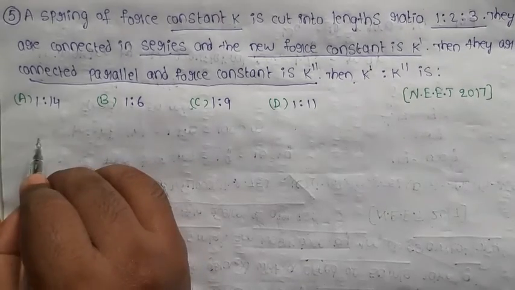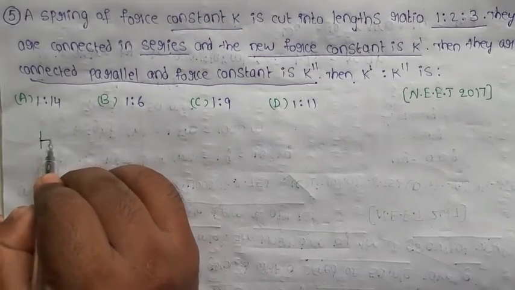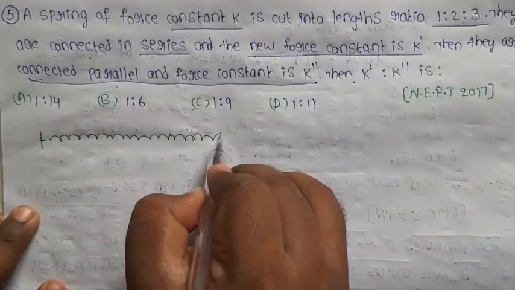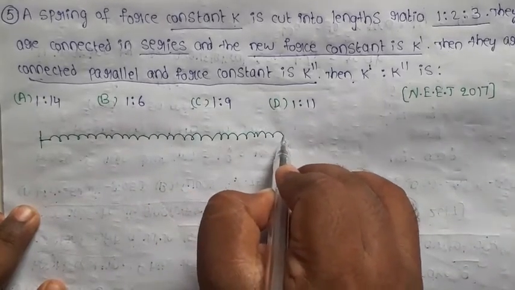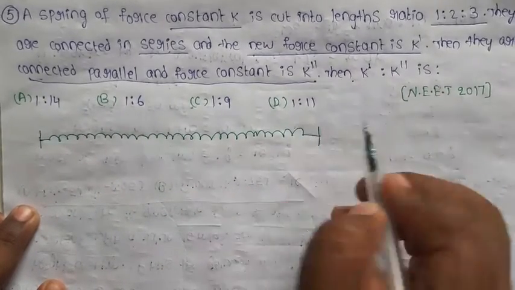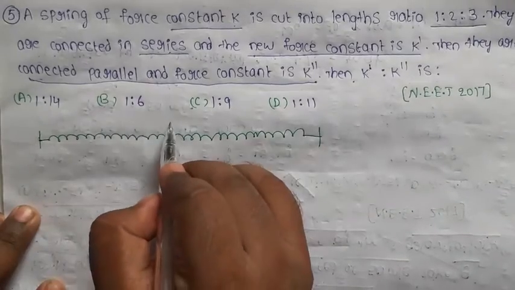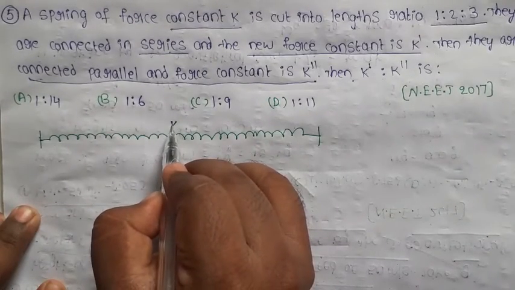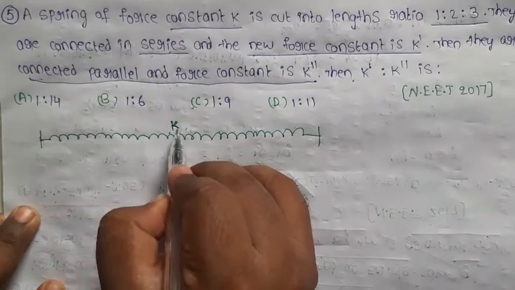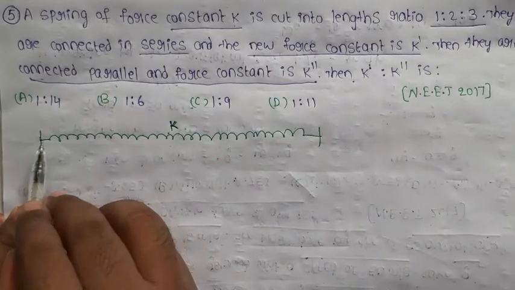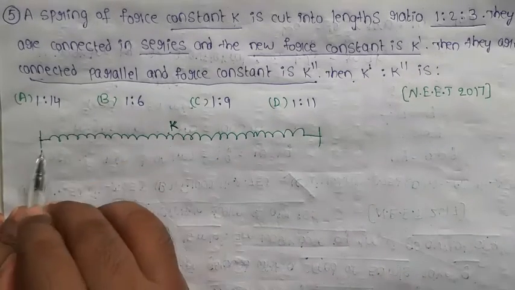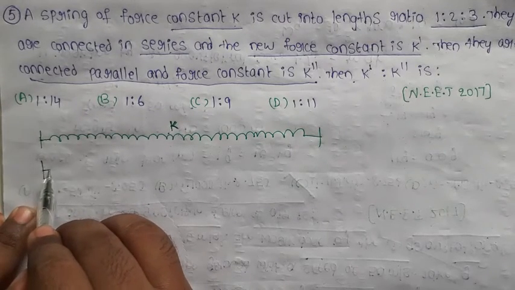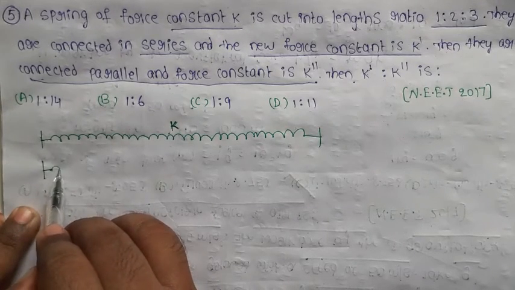So this is the spring. The constant of the spring is k. This is the original. After that, the spring is cut into three parts in the ratio of 1:2:3.